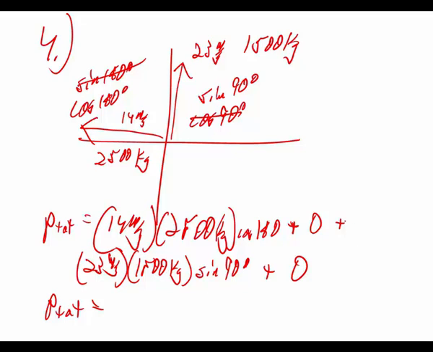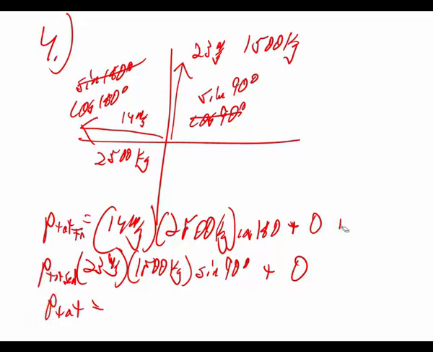Well, I tell you what, let's do it this way. Let's do it P total of the truck and P total of the car, right? Or the sedan. And let's do it that way.